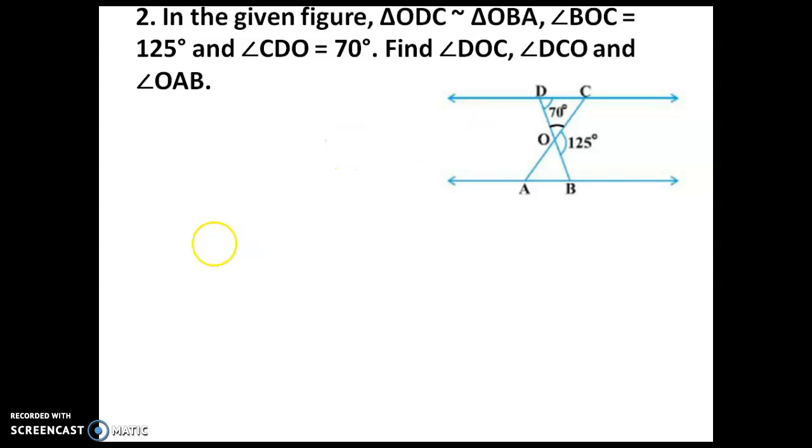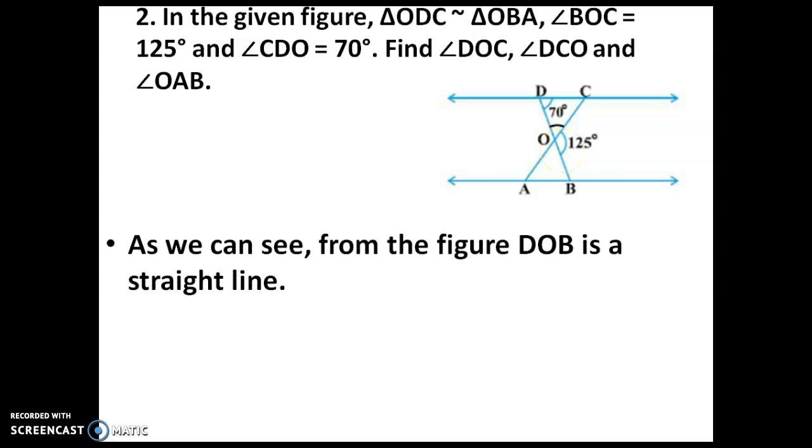So three angles we have to find from the given diagram. In this diagram, this angle ODC is 70 degrees, and this angle is 125 degrees. These two angles are given. With this we have to find three more angles.